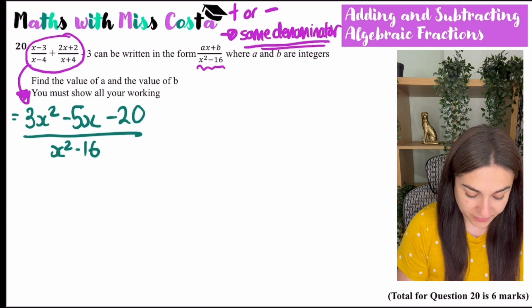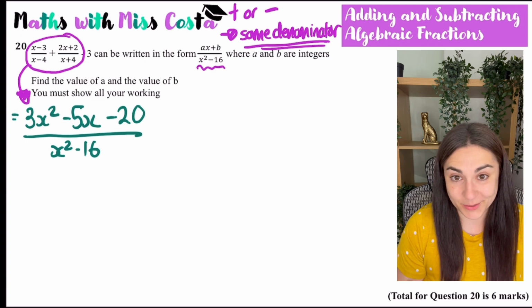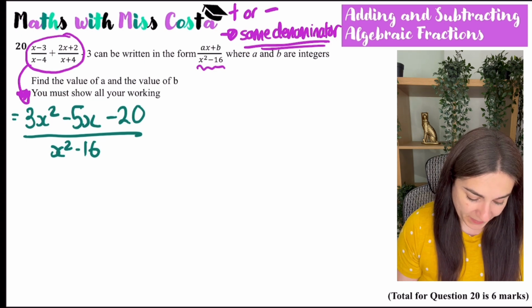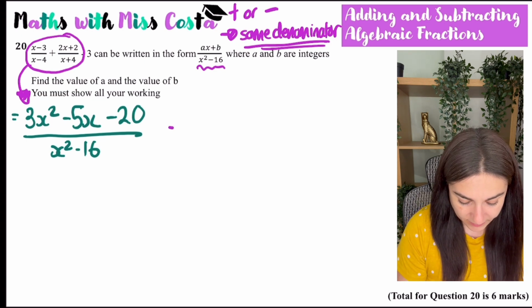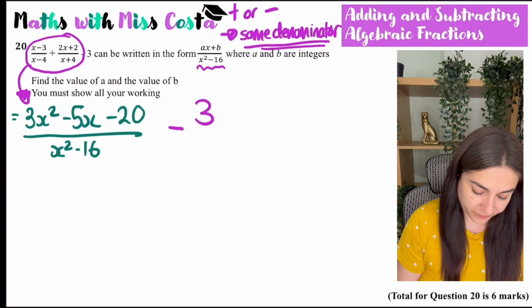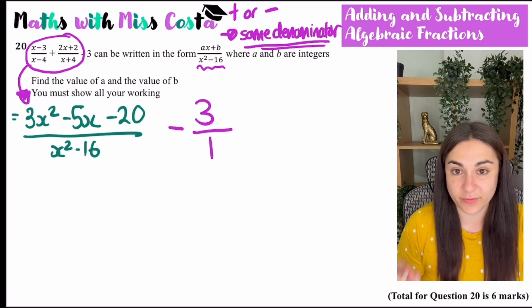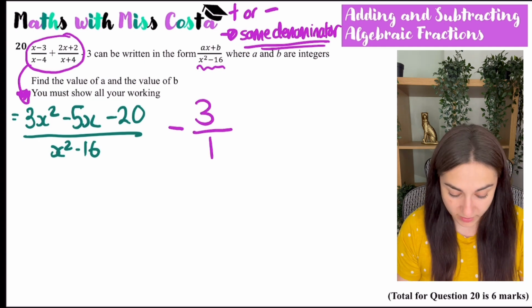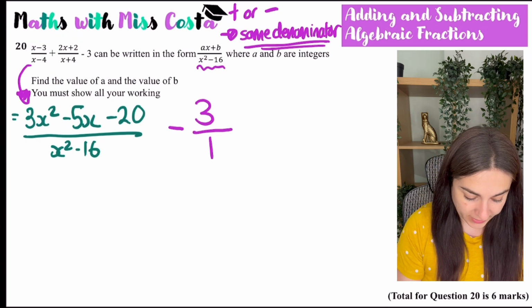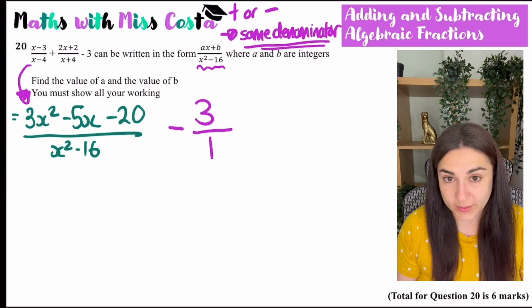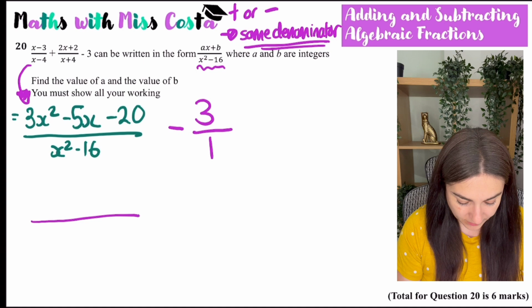I could then factorize the numerator, but I'm not going to, not just yet. Because what I then need to do is subtract 3. So to turn any number into a fraction, you just write it as over 1. So that would become 3 over 1. But in order to add or subtract fractions, they need to have the same denominator.